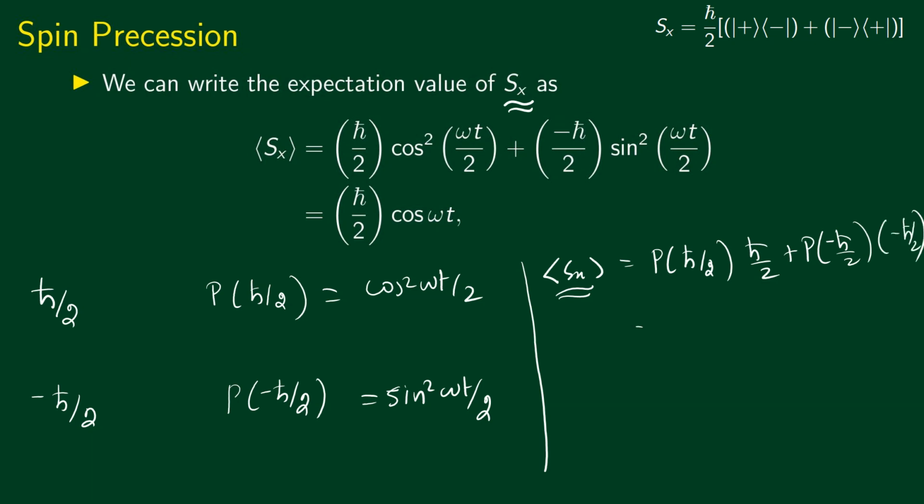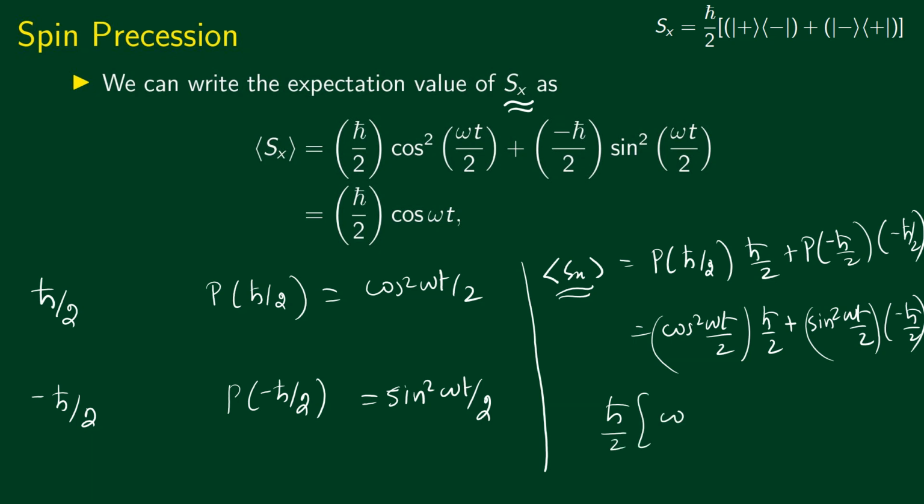Okay, this is equal to cos square omega t divided by 2 multiplied by h bar by 2, plus sin square omega t by 2 multiplied by minus h bar by 2. Right, you can take the h bar by 2 outside, and then you have cos square omega t divided by 2 minus sin square omega t divided by 2.